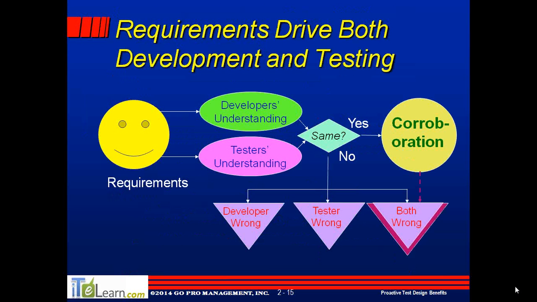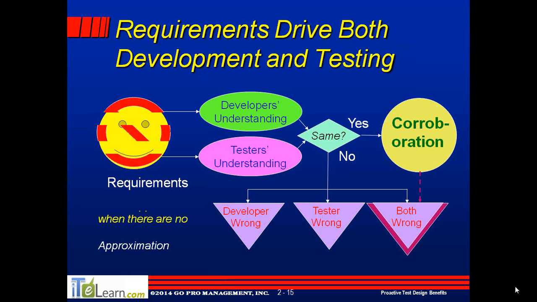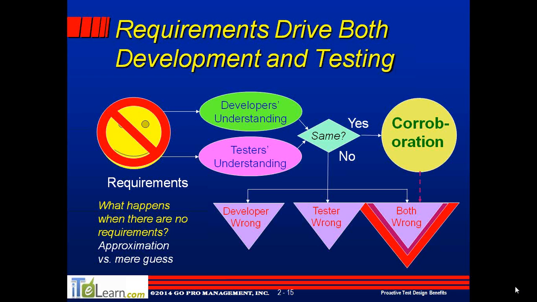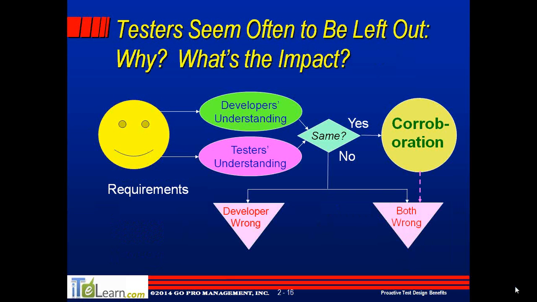In the orientation, we used this slide to point out that when the developer's understanding of requirements and the tester's understanding of requirements match, that gives us a basis for corroboration and confidence. Now let's look at it from a different standpoint. When there are no requirements, the developers have to guess, the testers have to guess, and the chances that both are wrong become much higher.